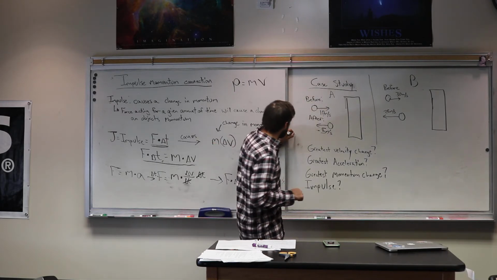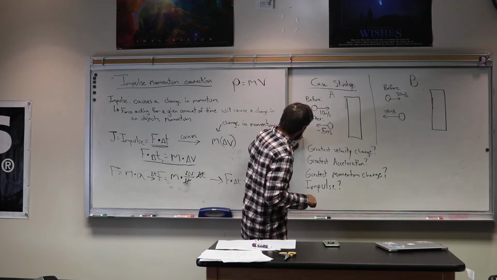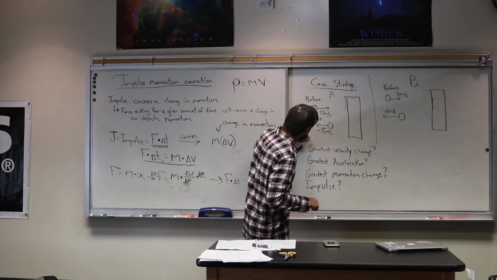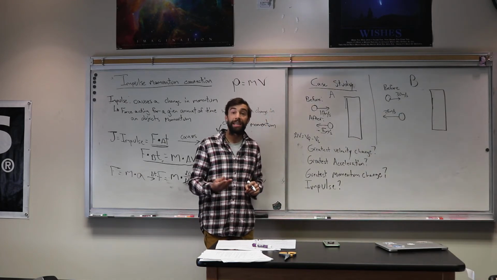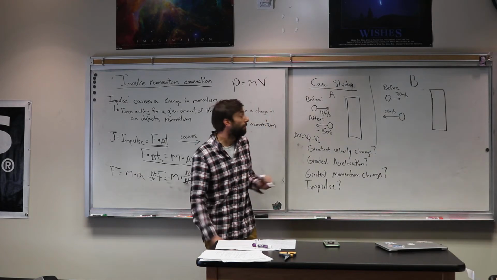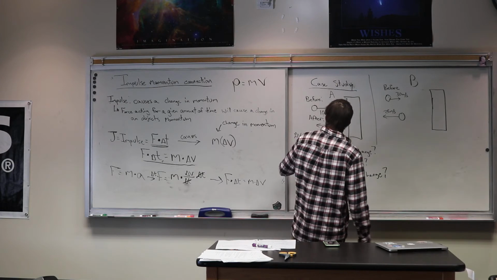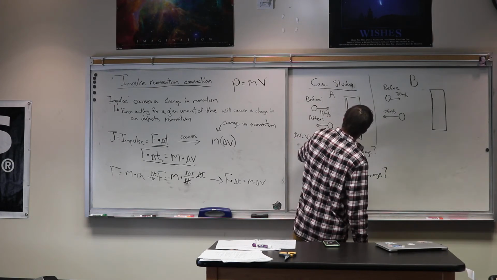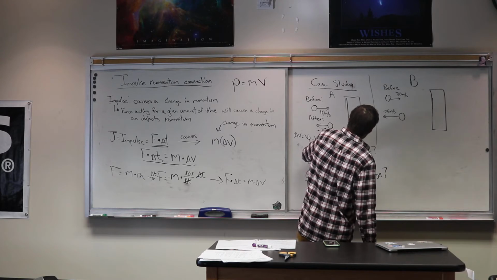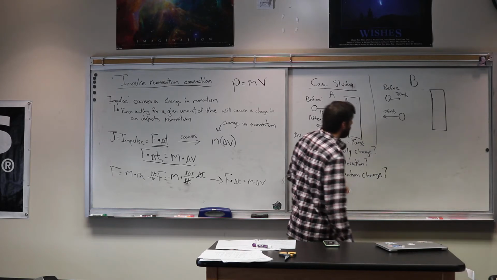So if I wanted to do my delta V, it's V final minus V initial, right? That's our change, always final minus initial. We end up with negative 5 minus 10 equals a change of negative 15 meters per second.